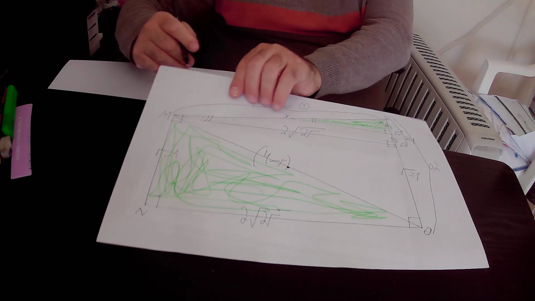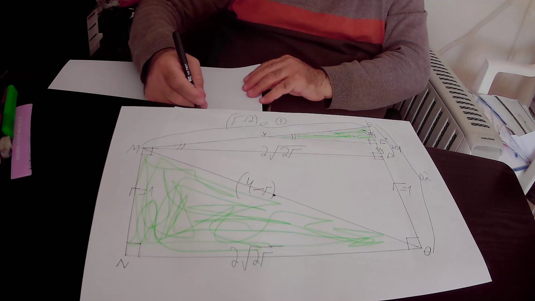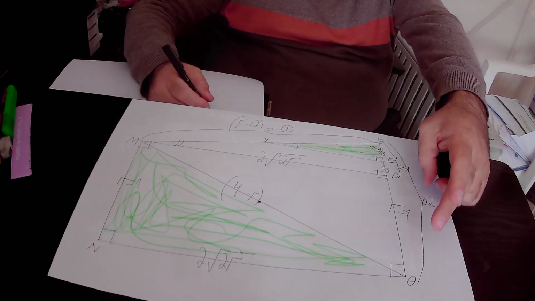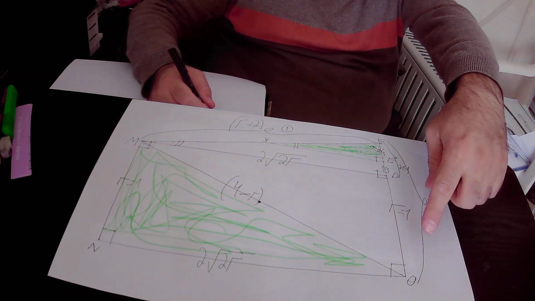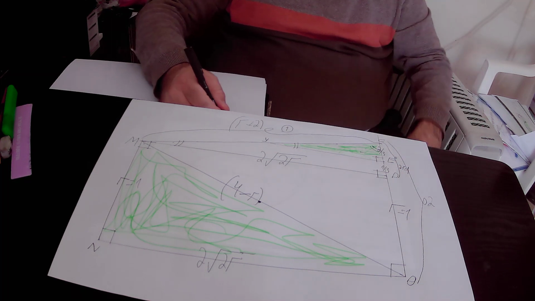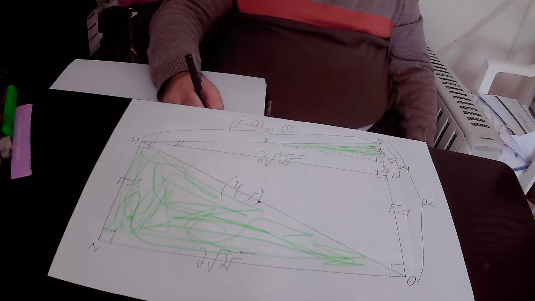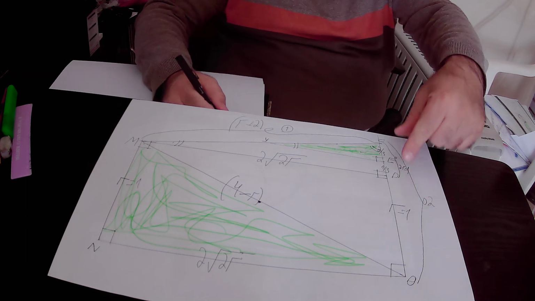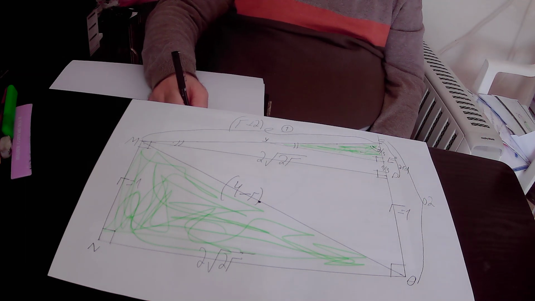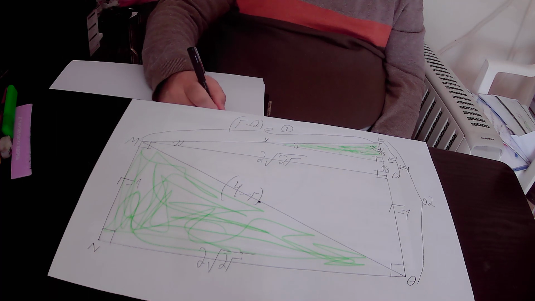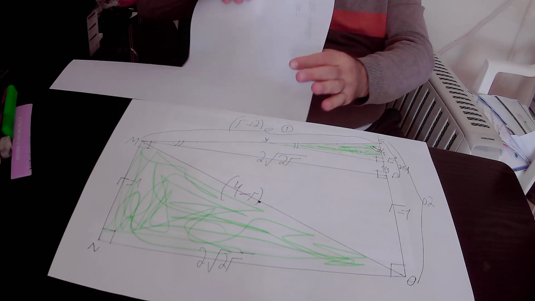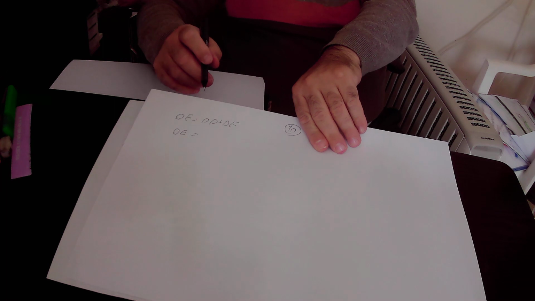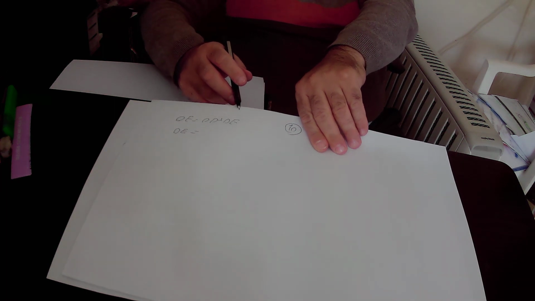And what is the value of line segment OE? The value of line segment OE is actually OD plus DE. So OE equals OD plus DE.